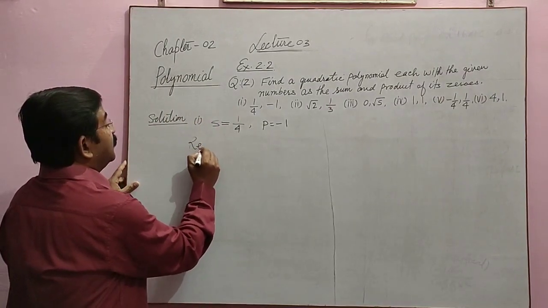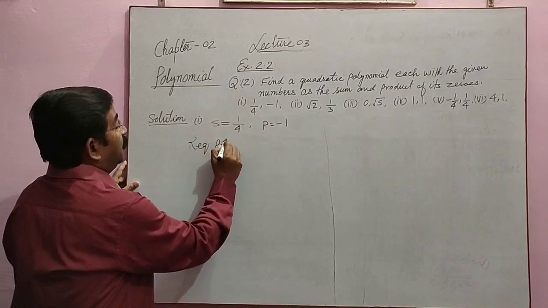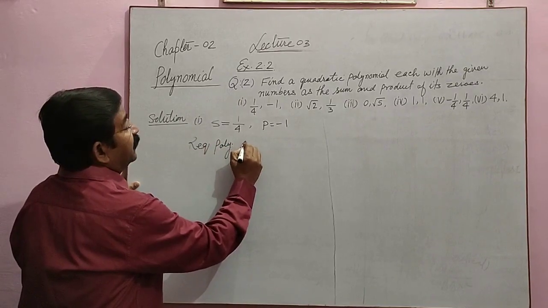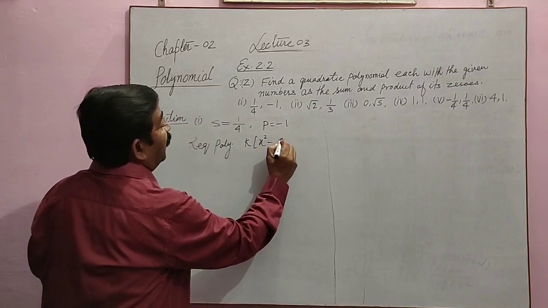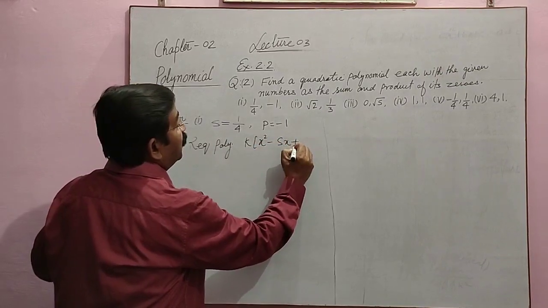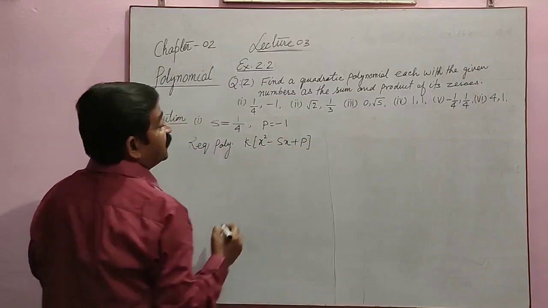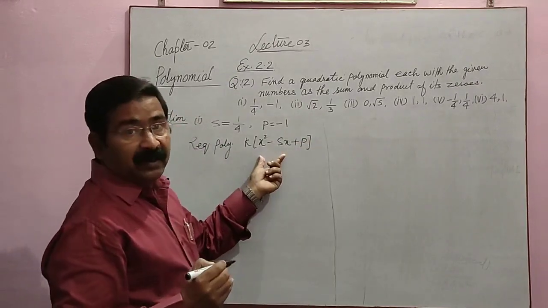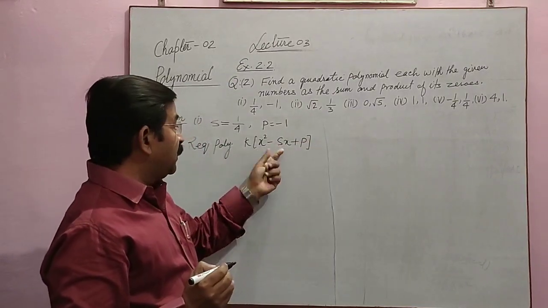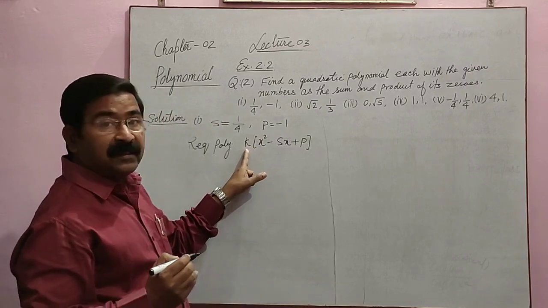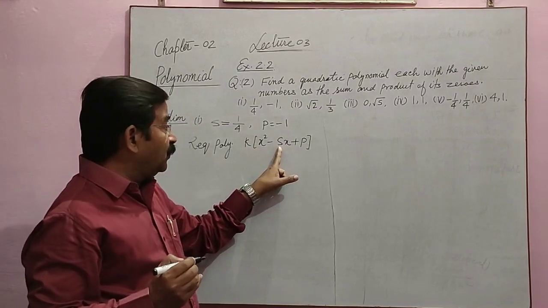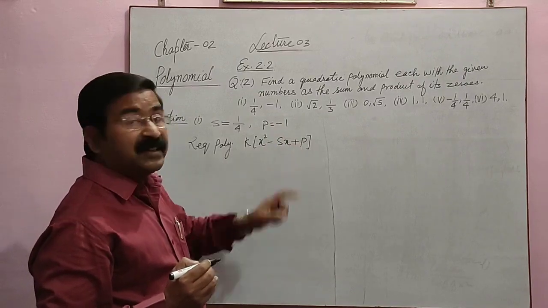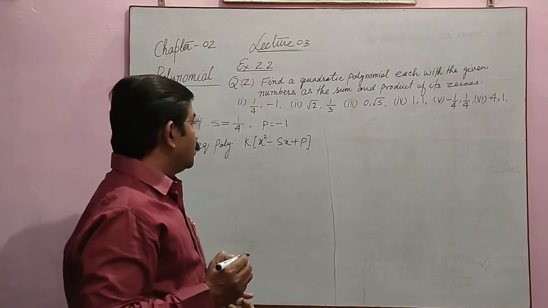We write like this: required polynomial is k times of x square minus sx plus p. This is direct method. Here k is some constant, s stands for the sum of zeros and p stands for product of zeros.